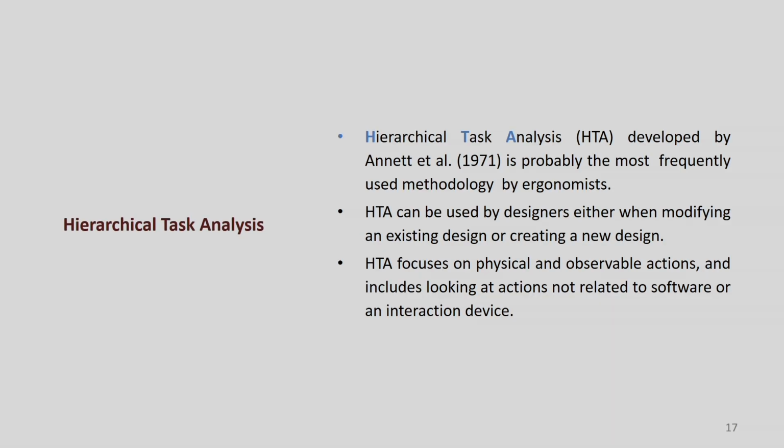But of course, in the field of pure ergonomics, it is used extensively. Although it is an old tool, it has a lot of validity. It helps to understand accidents, it helps to understand the production rate, it helps to understand productivity enhancement, everything. So, it is very important. Hierarchical task analysis focuses on physical and observable actions and includes looking at actions not related to software or an interaction device.